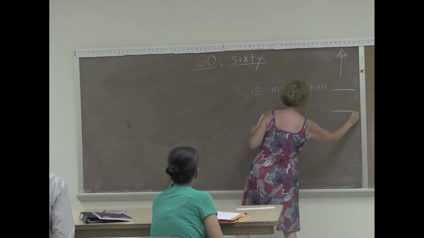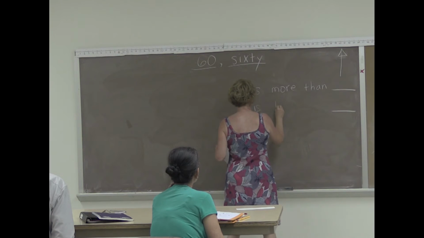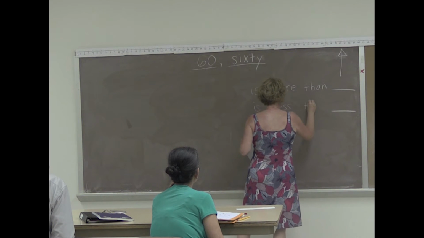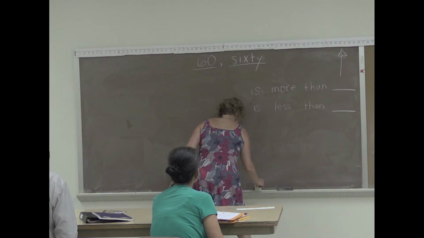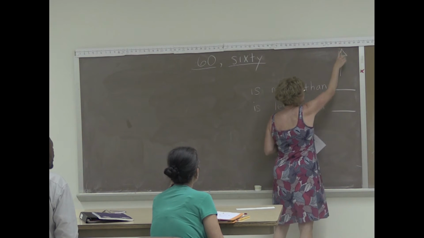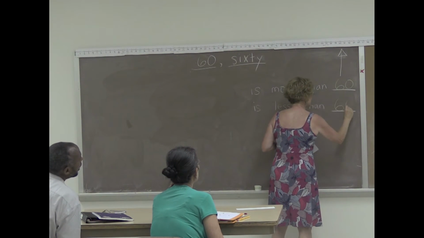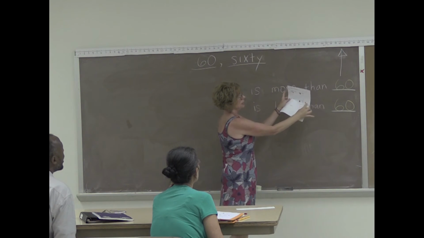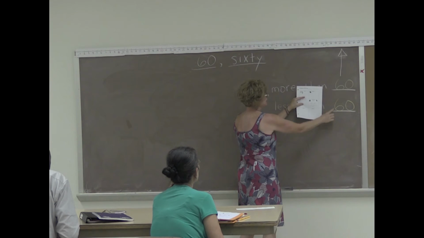On your paper, you have two lines over here. Right now, I want you to take your pencil, and we're going to put the number 60 for today on these two lines at the end of the two sentences.